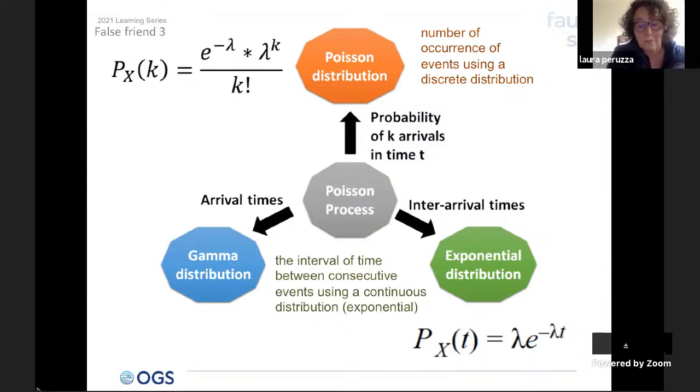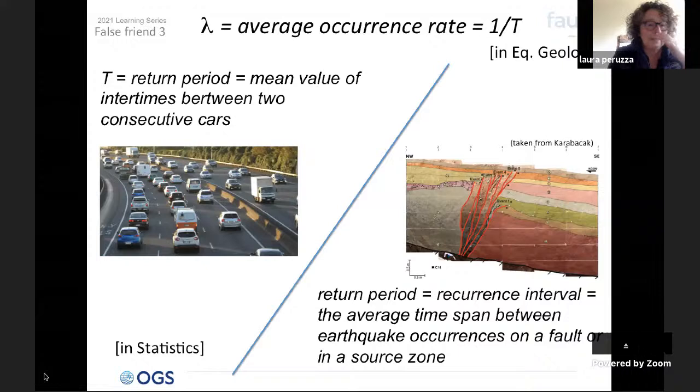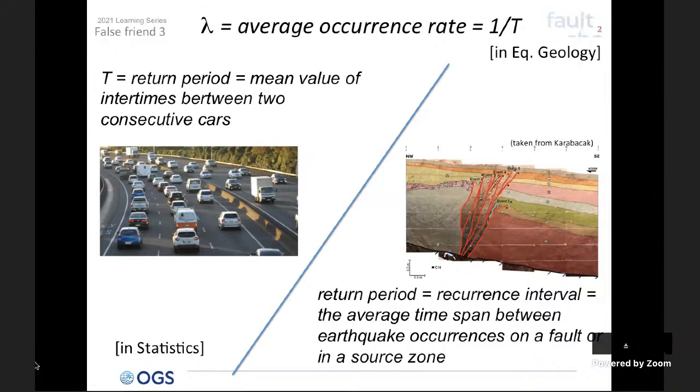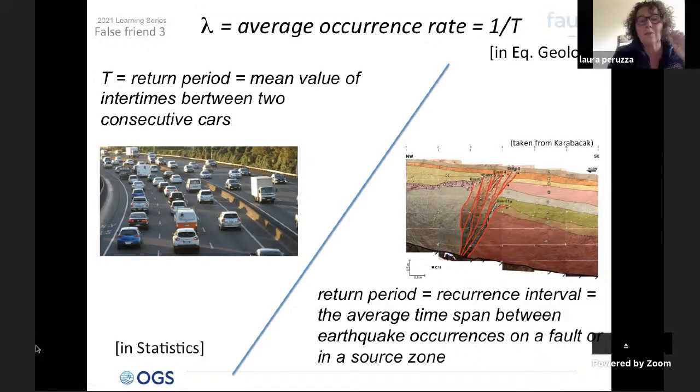In addition, Poisson processes can be stacked, and when you have several Poisson processes, the sum of them can be considered again a Poisson. So let's see what happens in the community when we talk about return period, that, as defined before, is the inverse of the average occurrence rate. When we are dealing with cars, well, it's simple. The return period is the mean value of intertimes between two consecutive cars.